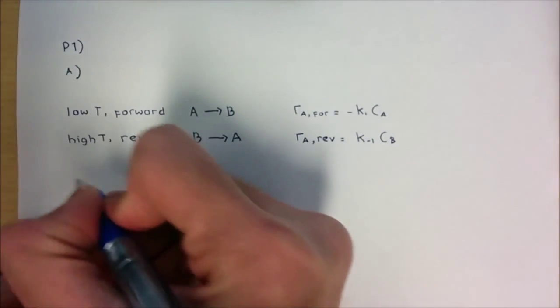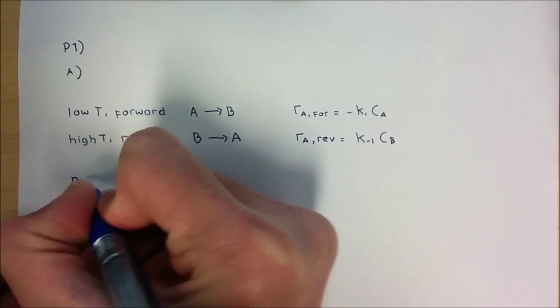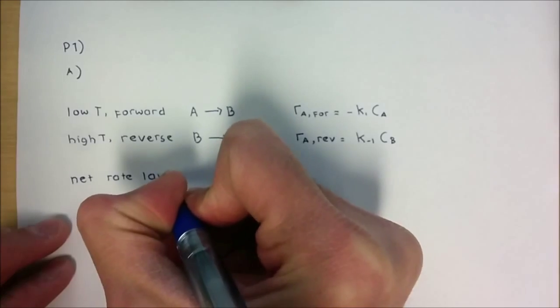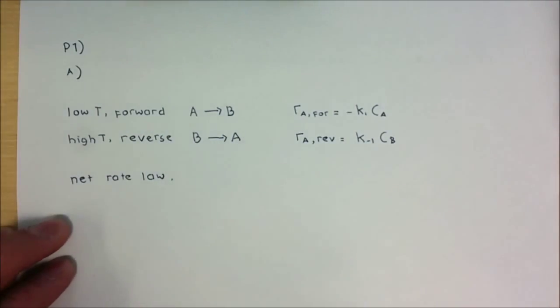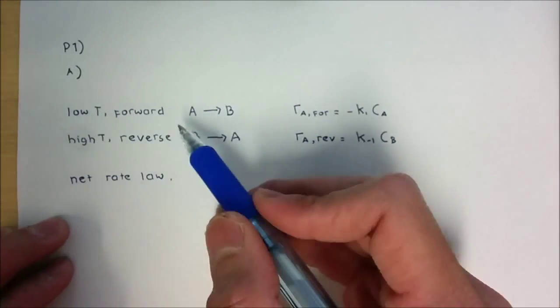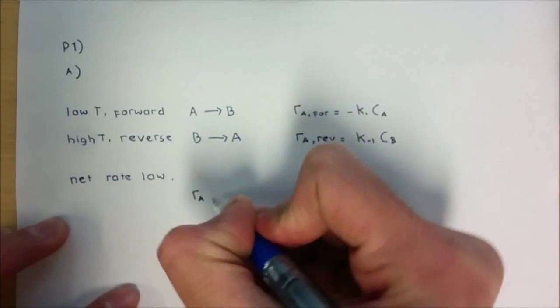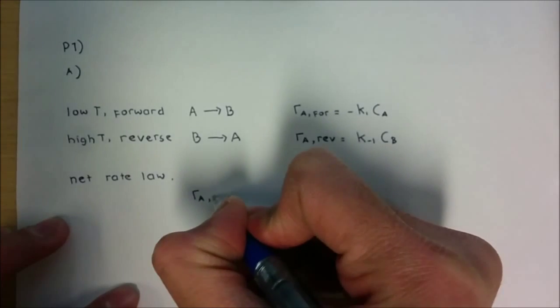And then the net rate law, which is both forward and reverse reaction, we can write it in terms of RA net.